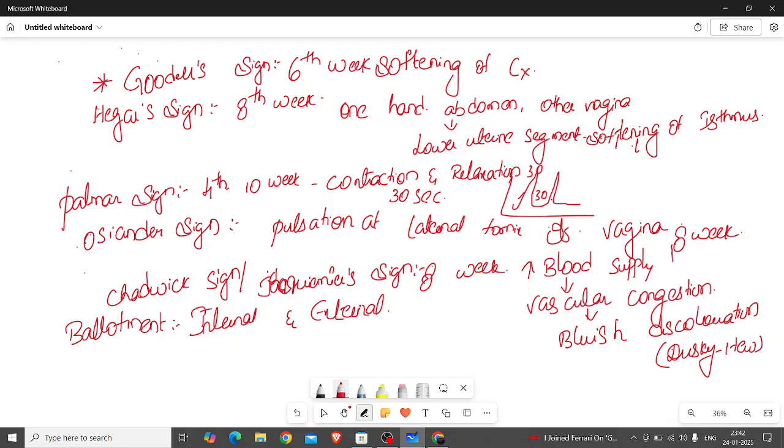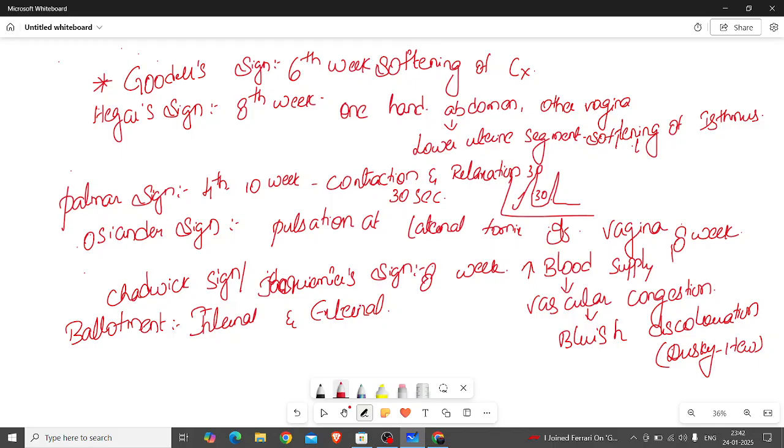Whereas in external Ballottement, what happens? If we consider a pregnant lady lying on a bed, and we keep both our hands on the lateral sides of the abdomen, we need to keep a mild push from one side, not excessive pressure.